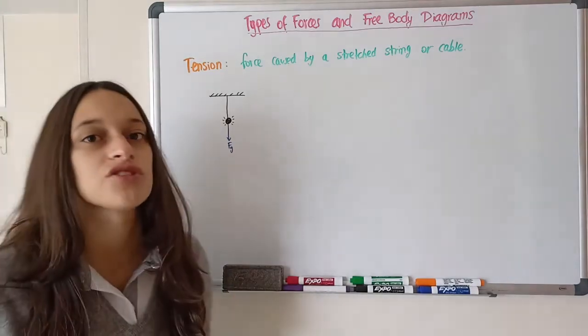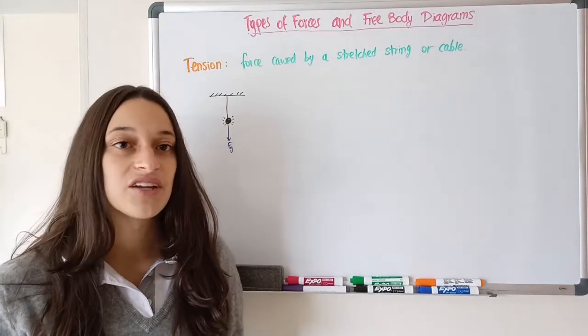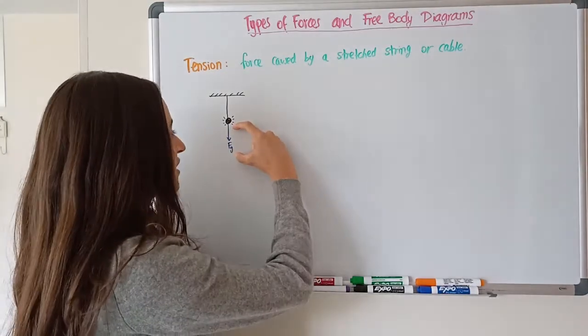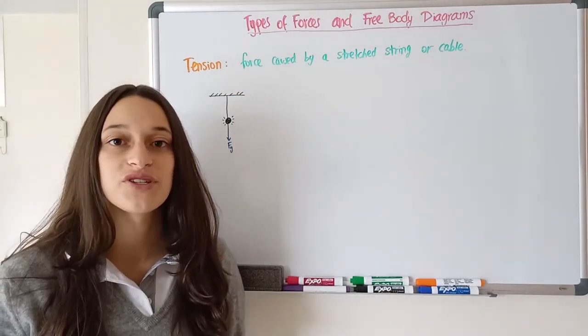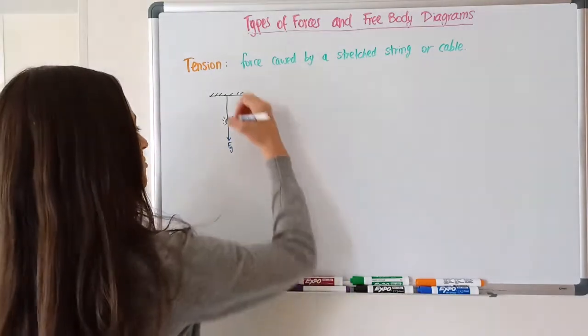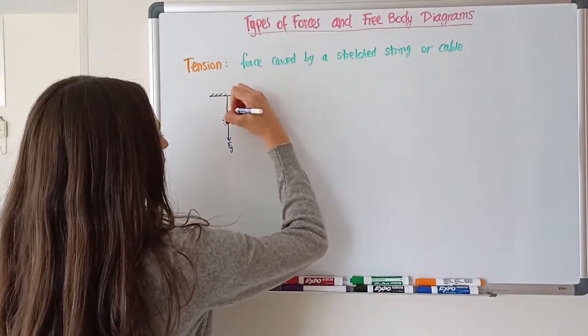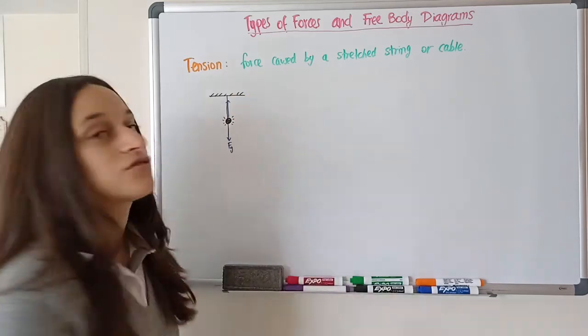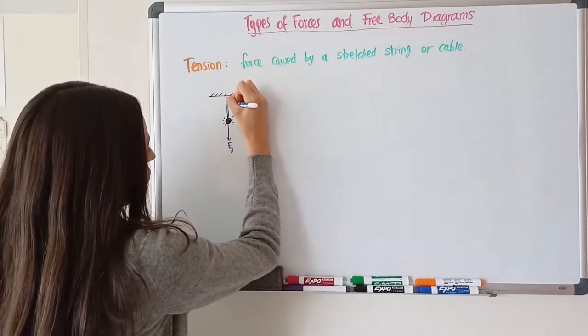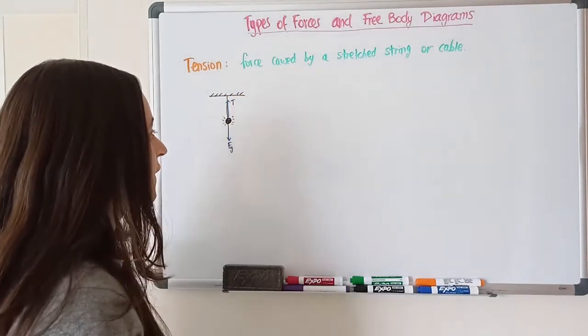However, the lamp is just laying there. So there has to be another force that is exactly the same size, but points upwards and cancels it out so that all the forces are balanced. So there has to be a force that is exactly upwards, it's exactly the same size, and that is the force that we call tension. We use T for tension.